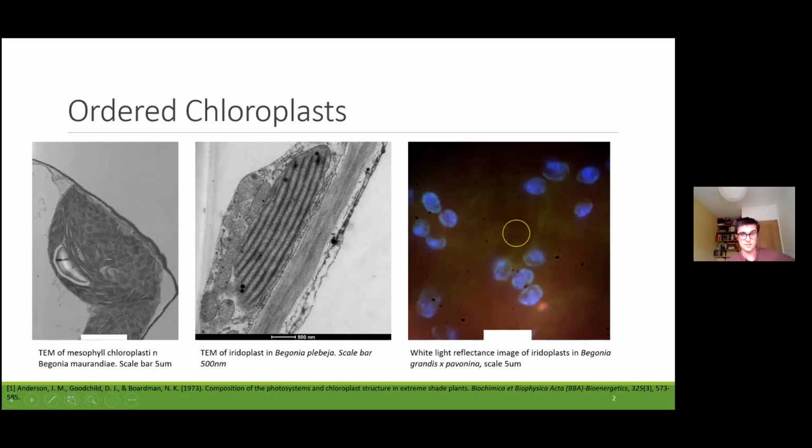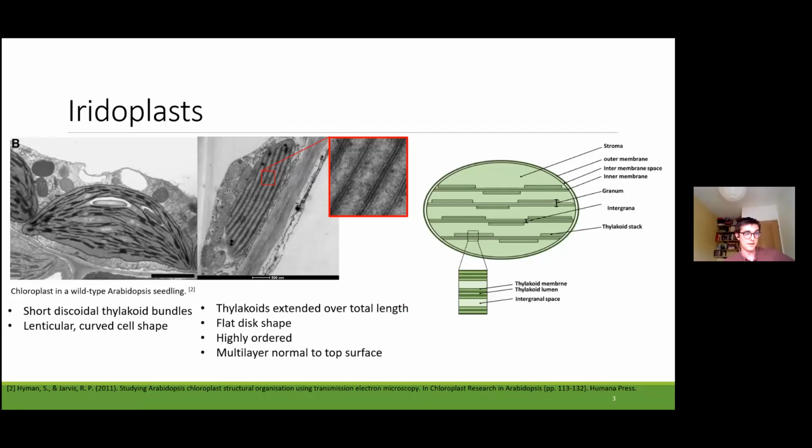And interesting light absorption characteristics as well, which I'll come on to. So they are a modified chloroplast. So they have the same building blocks as chloroplasts. And most interesting to me is, like Miguel, the chlorophyll containing thylakoid membranes.